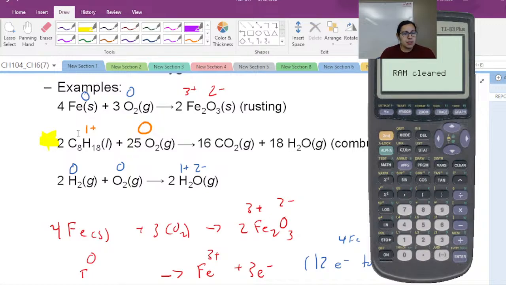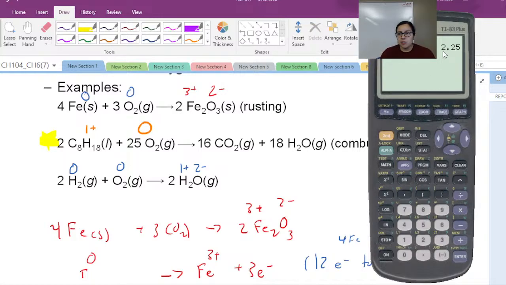Okay, this has to be 0. So that means we have positive 18, right? So 1 times 18. Then I want to solve for what my charge has to equal. Obviously, my 8 carbons have to equal negative 18, right? So now I'm just going to divide by 8.